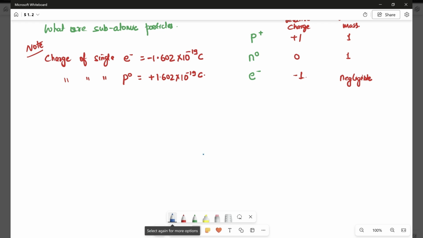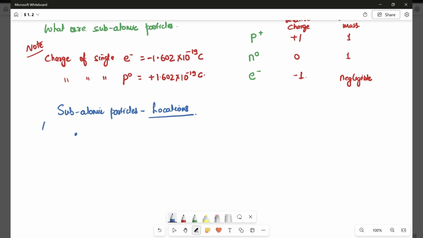Now the question is where they are located: subatomic particle locations. Let's talk about where they are found. The atom is very small. The atom has a positively charged dense nucleus.